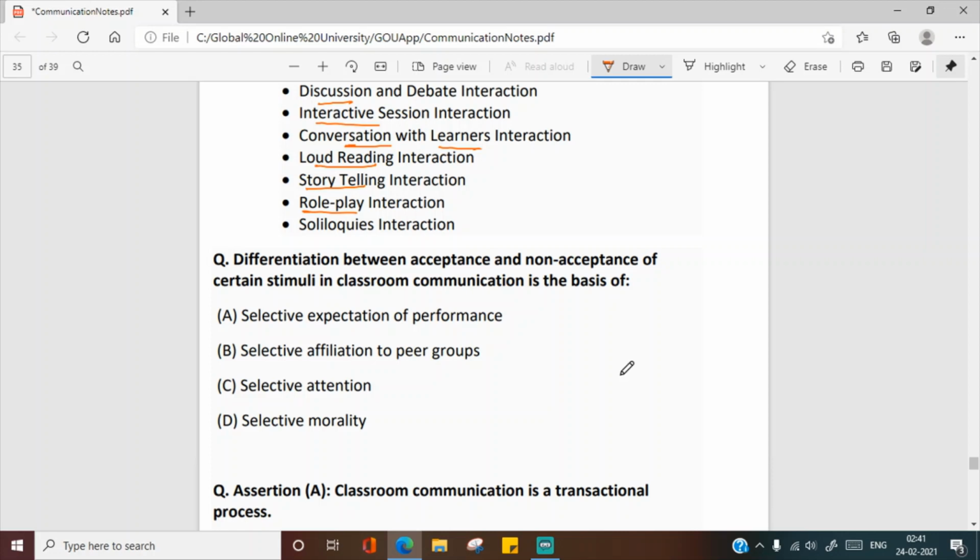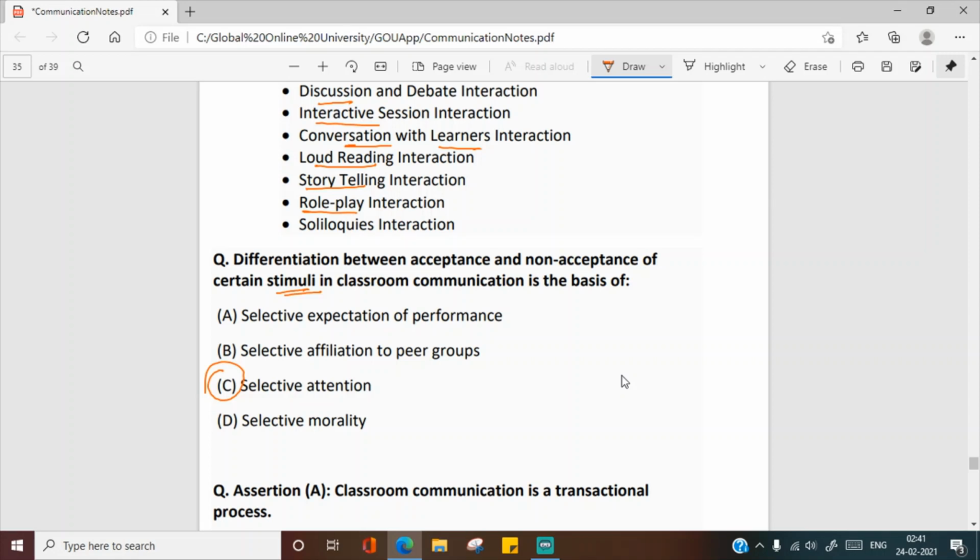Let's talk about the previous year's question that has been asked from this topic. Differentiation between acceptance and non-acceptance of certain stimuli in classroom communication is the basis of, the right answer is selective attention. So what is stimuli? Stimuli is the response to a particular thing.